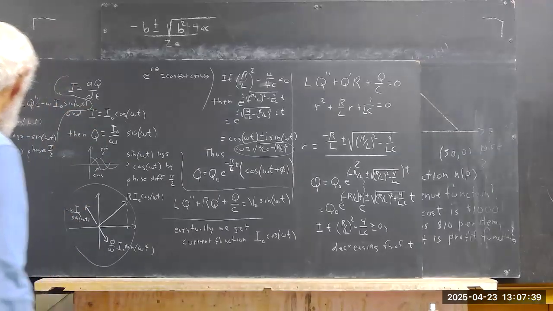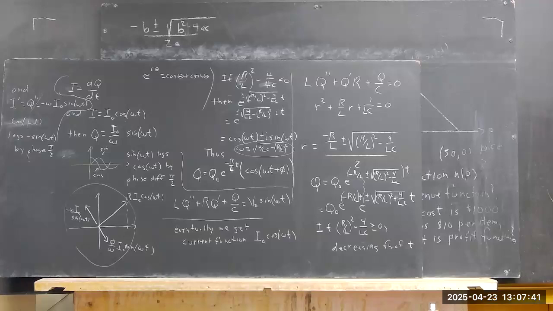Somehow I remember it being backwards, and I'll fix it if it is. But let's go with this. I'll explain a little bit more about this phase diagram, but it looks like so. Okay.